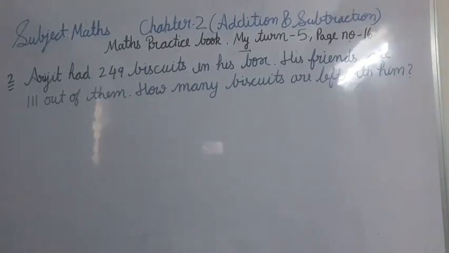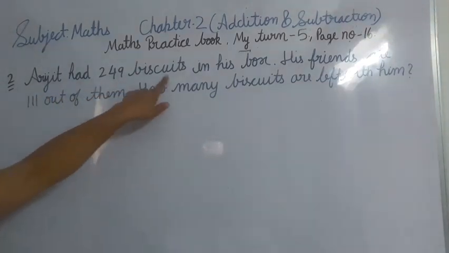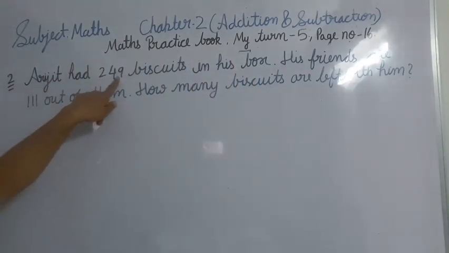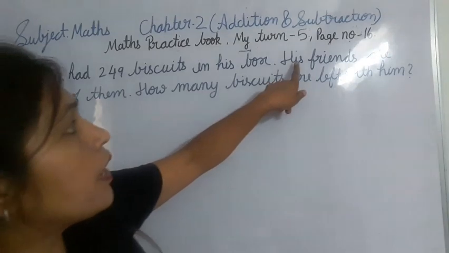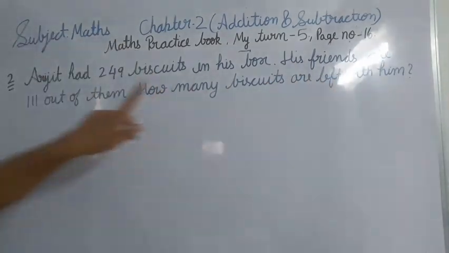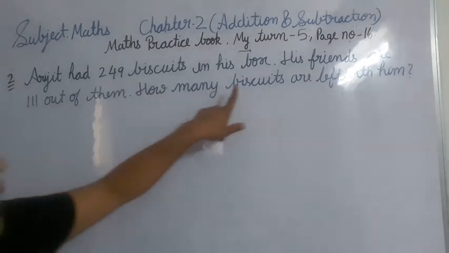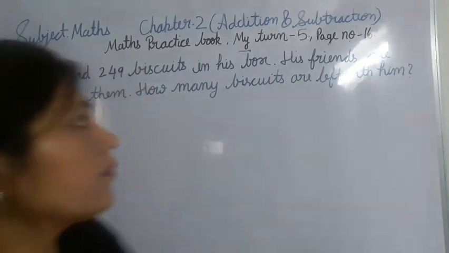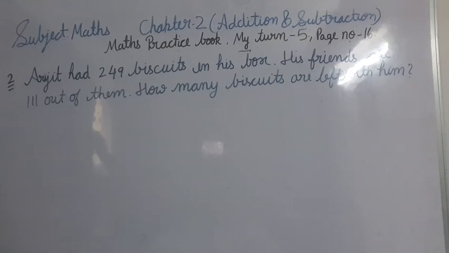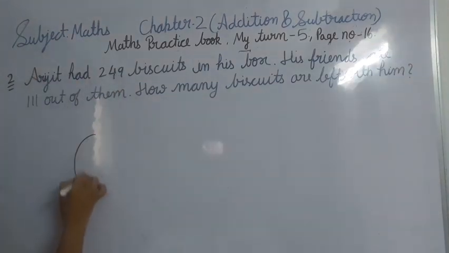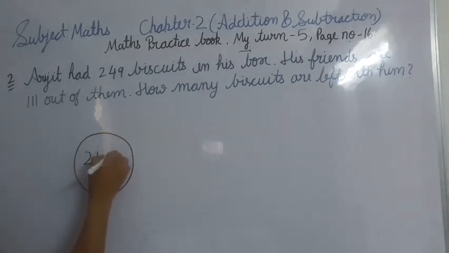Our second problem is Arijit had 249 biscuits in his box. His friends ate 111 out of them. So how many biscuits are left with him? Arijit is there and his friend is there. So the total biscuits Arijit has, total means the whole, how many biscuits? 249.